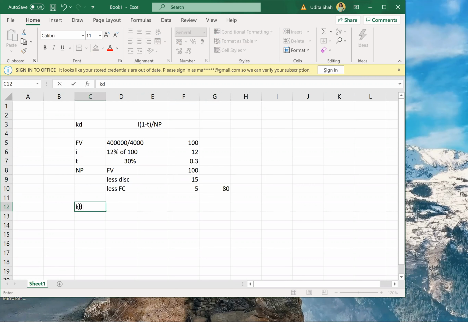So KD is what? KD equal to interest. So what is the interest? 12% of face value, so 12. Into 1 minus T, so into 1 minus 0.3. And this whole thing divided by 80, NP.